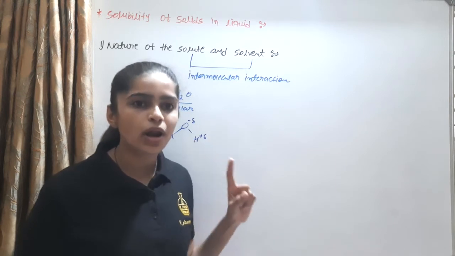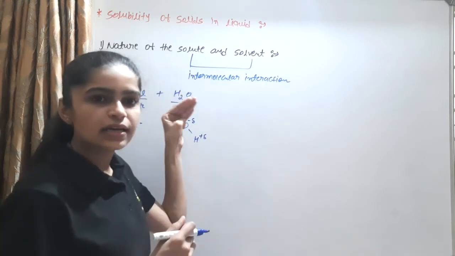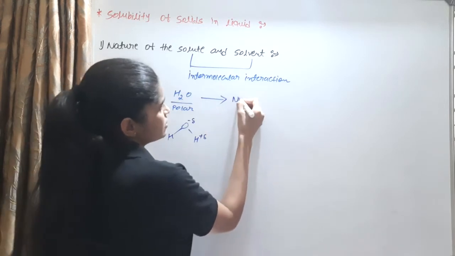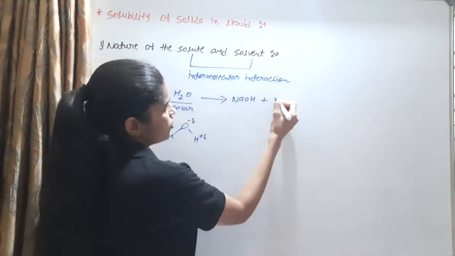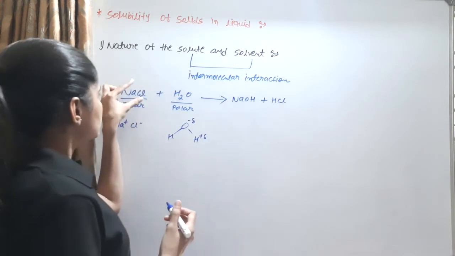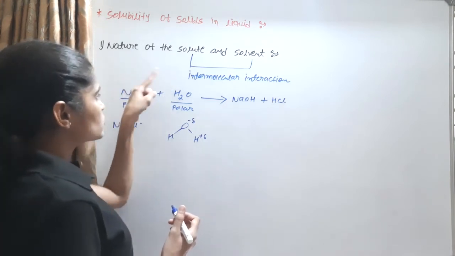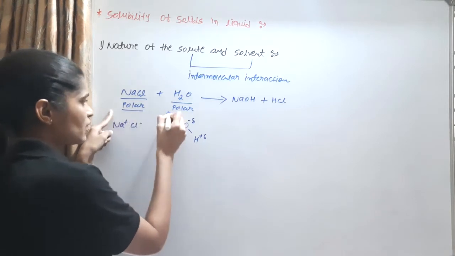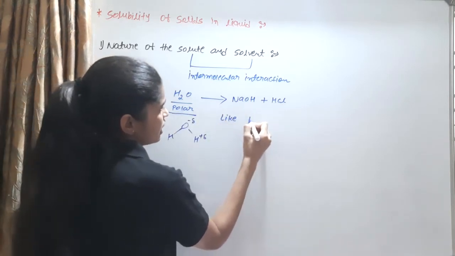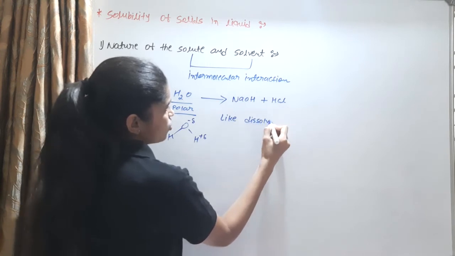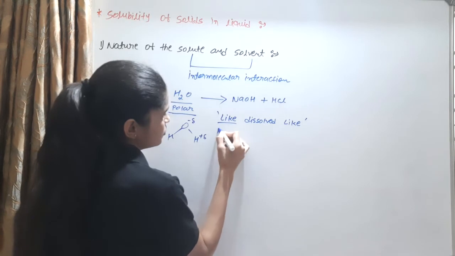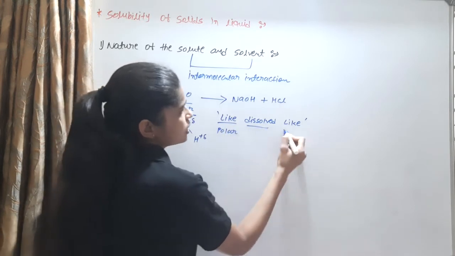This is NaCl and H2O, polar and polar. This is the same, so this is known as like dissolves like. Like means polar dissolves in polar.